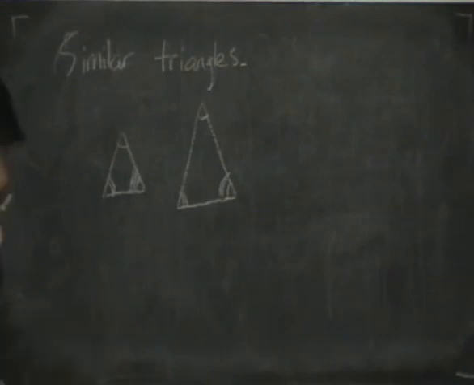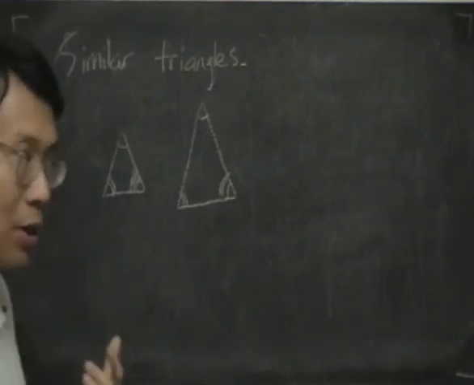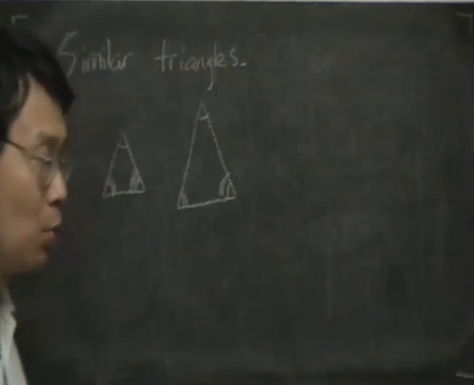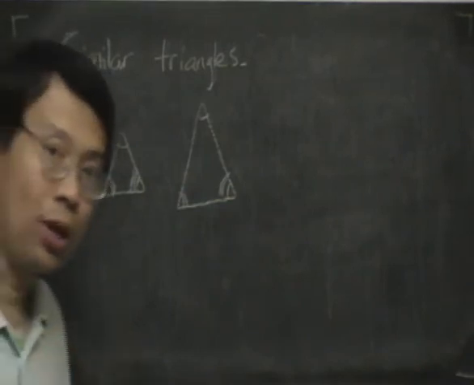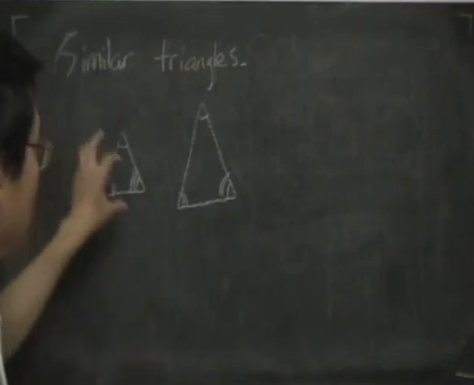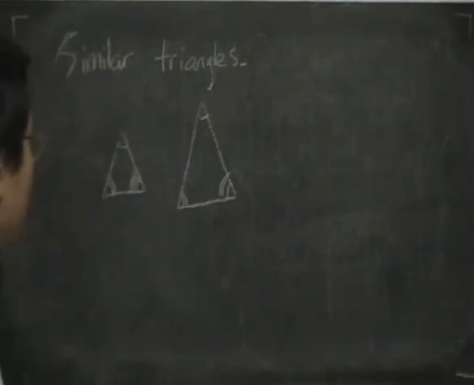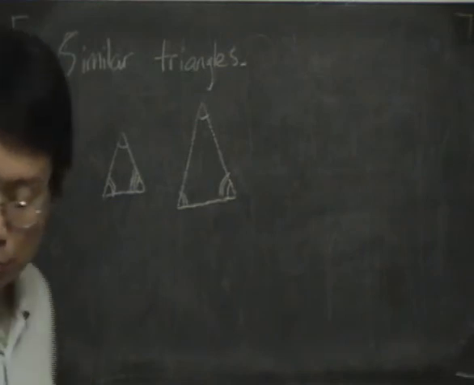So these are called similar triangles. Now, perhaps in simple words, we may describe them by saying that they have the same shape but different size. So those are similar triangles.